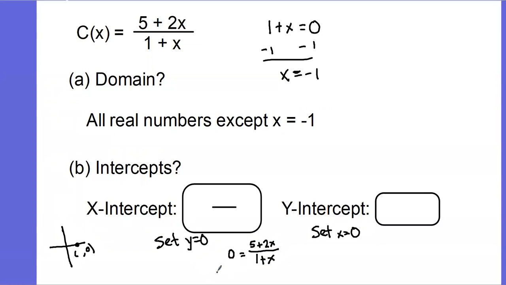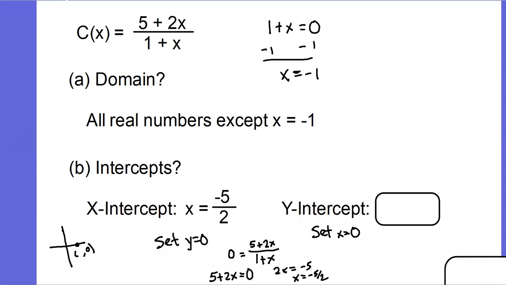But all we're going to have here is just 5 plus 2x equals 0. And from here, subtract over your 5. So 2x equals -5. Divide by the 2. x is equal to -5 halves. So we have one x-intercept, and that's at -5 halves.